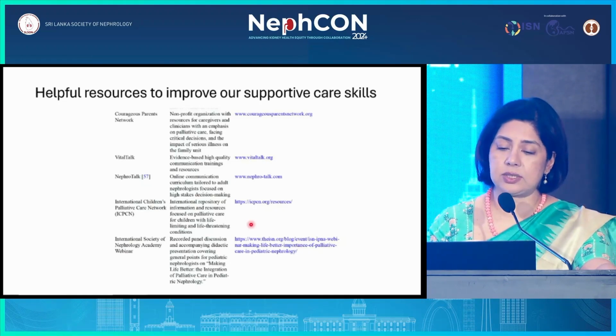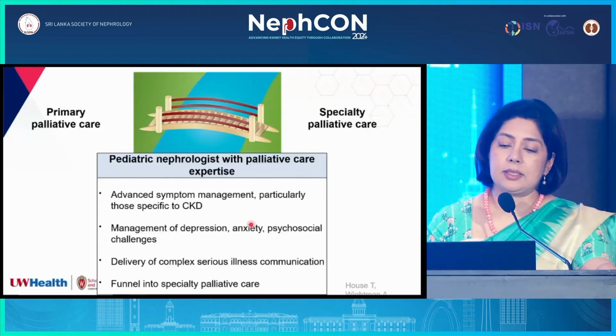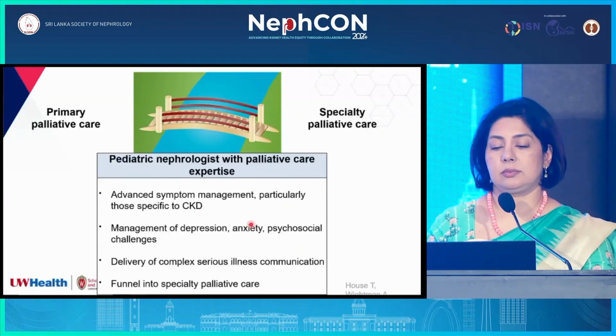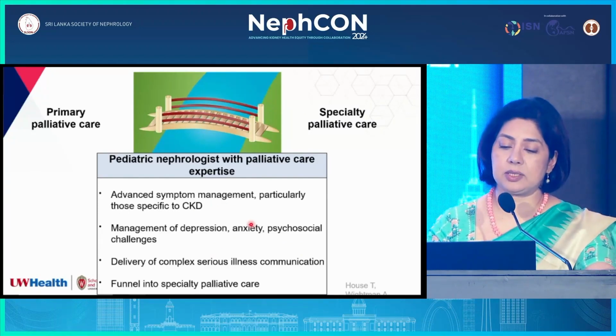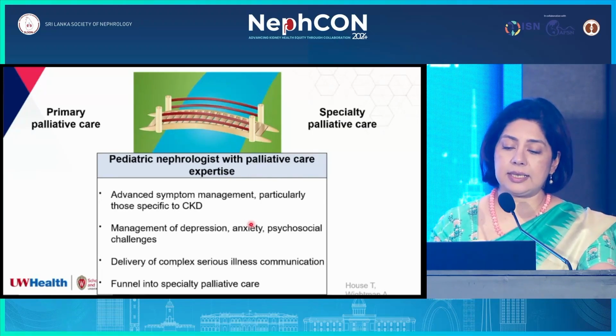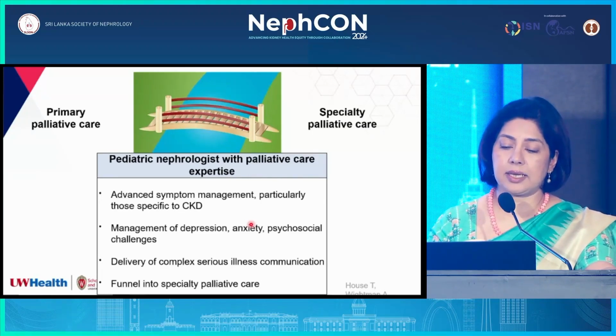There are some resources there that I can share if required, if it's not visible. And so, what can we do? We can address symptom management. We can also screen for depression, anxiety, and identify psychosocial issues in our families. And if required, funnel them into specialty palliative care.